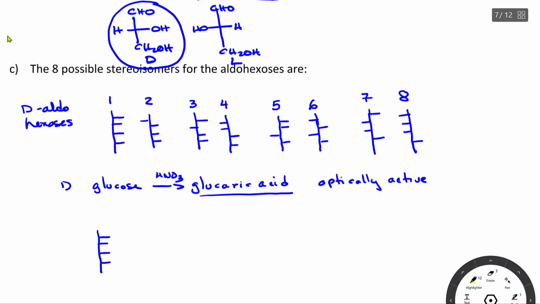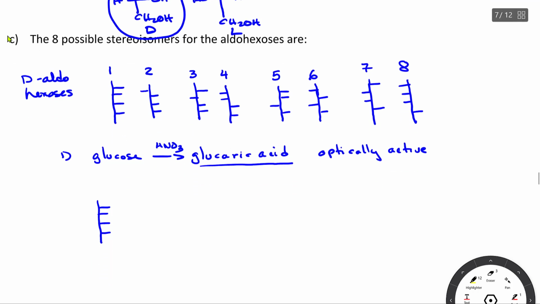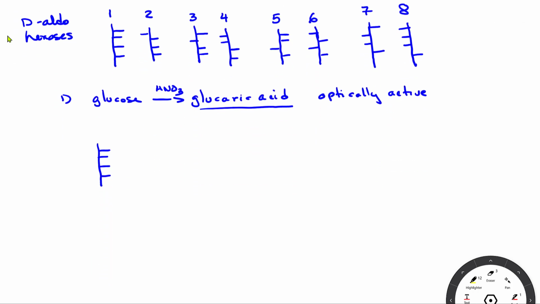But if you take this and you oxidize the ends to an aldaric acid, so both ends are oxidized, it looks like this. And so it has plane symmetry in it. Now I'll draw it as dashes like this. And so this compound's actually meso. So right away, Fischer can eliminate this structure as the structure of glucose.